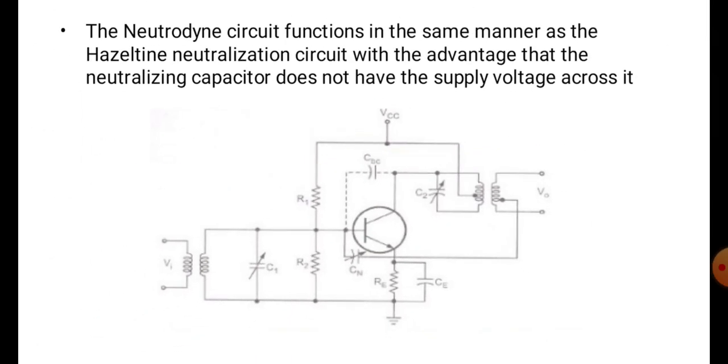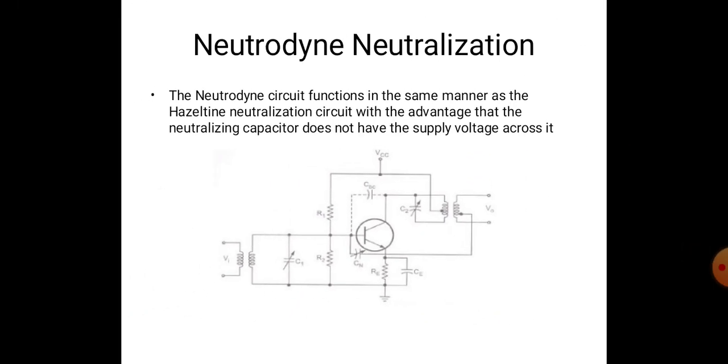Hence, it provides more stability when compared to the Hazeltine technique. That is the difference between Hazeltine and Neutrodyne neutralization technique. The remaining processes are similar to that of Hazeltine. The effect of CBC is nullified with the help of the Cn, that is neutralization capacitance.